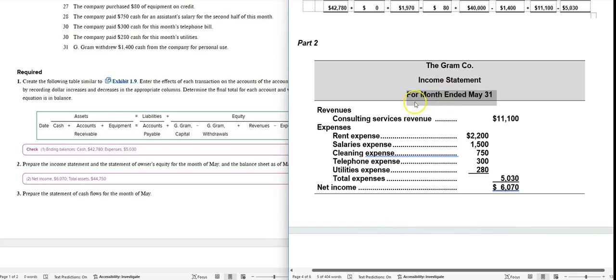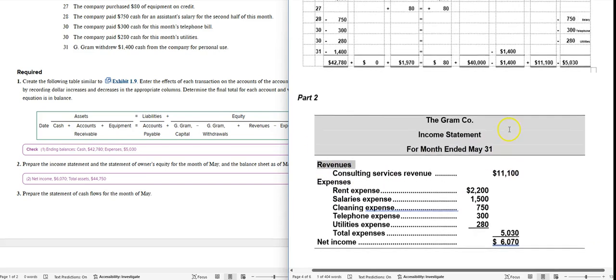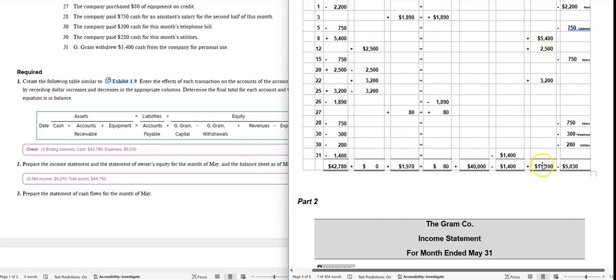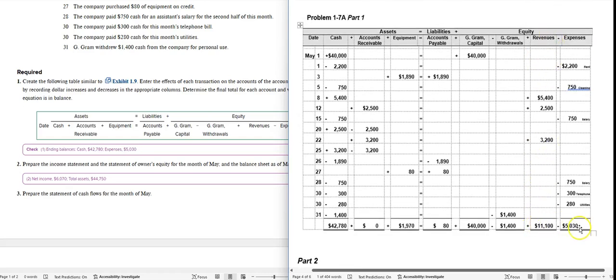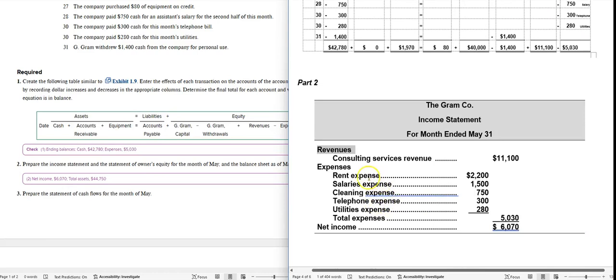The income statement is reporting the revenues earned and expenses incurred for a period of time, for the whole month of May. The revenues that we had recorded were 11,100, and the total expenses were 5,030.